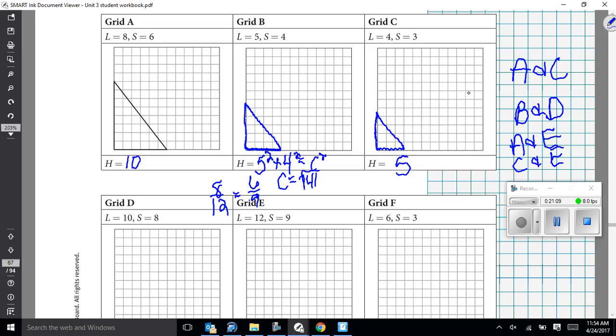No, I got 1.6 and 2.6 for D and F, so they're not similar. I think that's good. Not those two. 5 over 4 and 4 over 3, no. I think that's it.